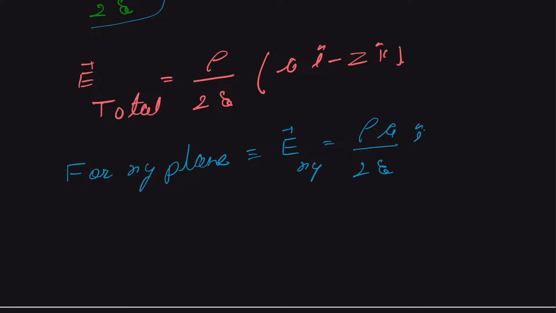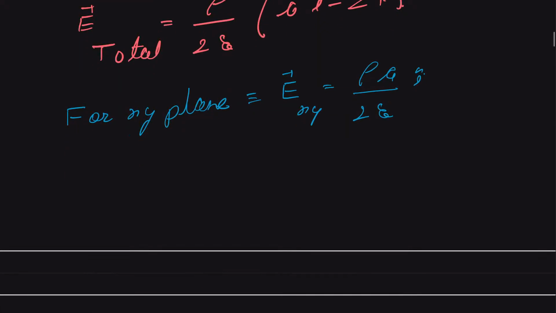So this question was a little bit unusual, because usually in such types of questions we remove something, create a cavity, and we do not add anything to it. But in this particular case we added a material whose charge density was equal to minus rho by 2. Therefore the total charge density of this cavity will be equal to the addition of both. This is the only major difference.